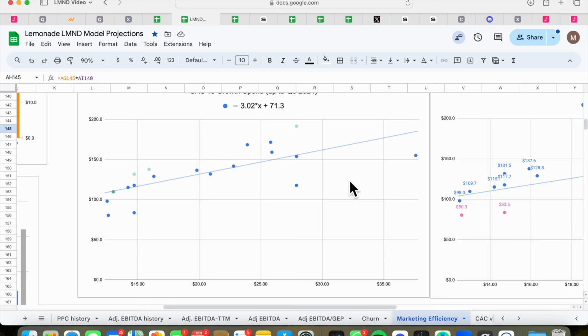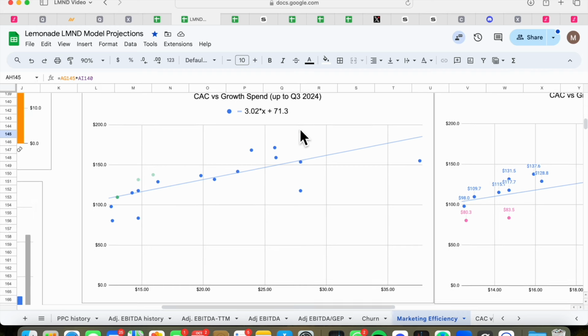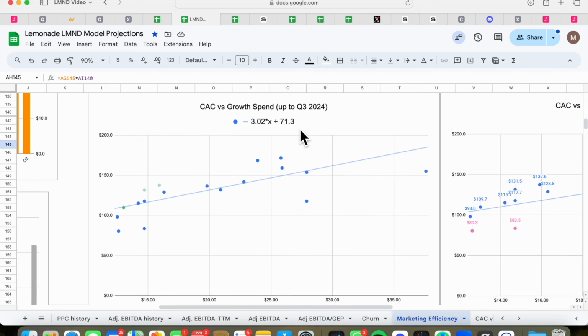And then I highlighted some of the Q4s, where Q4 tends to be more expensive. I think it must be less transition for people, so people moving are less likely to need a product. And also there's Christmas and the holiday season where there's more competition for advertising dollars, more competition for people's attention. So you have to expend a little more to get the same result.